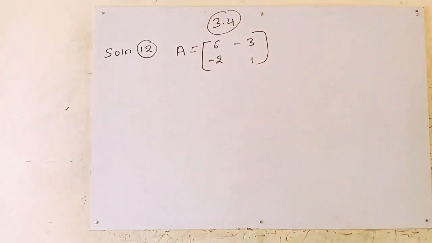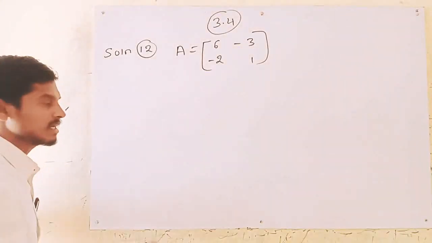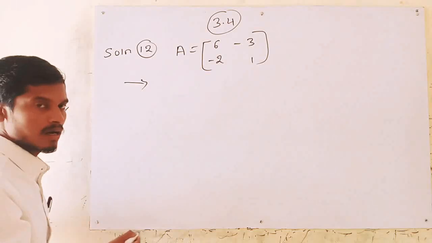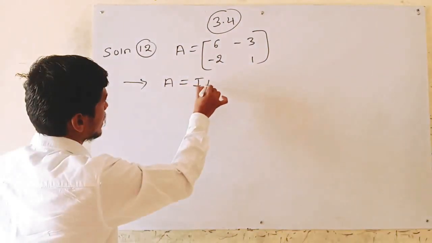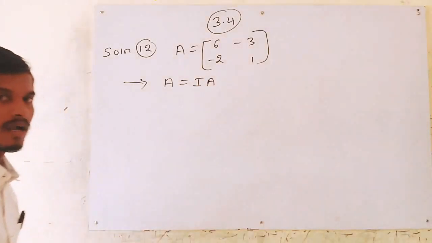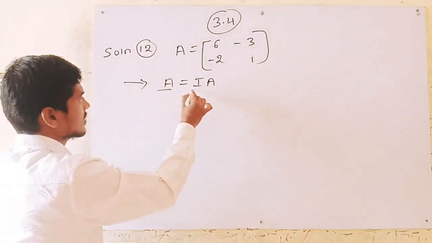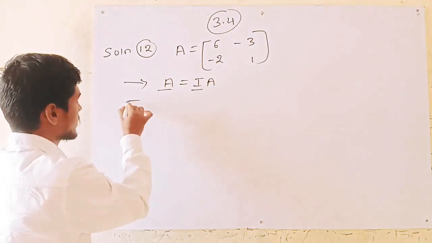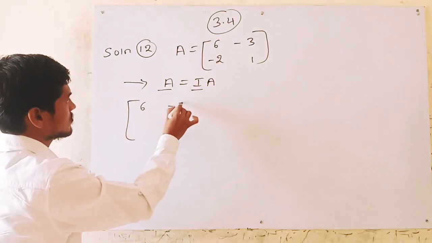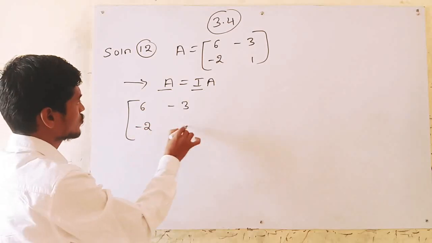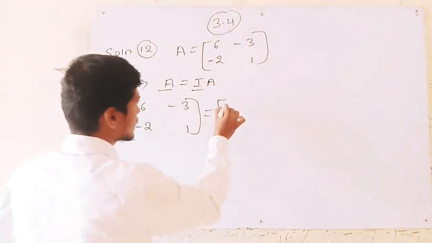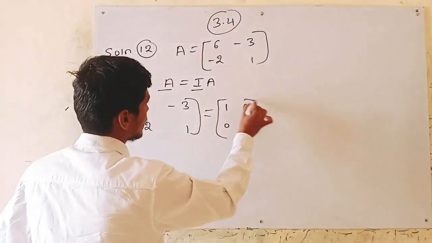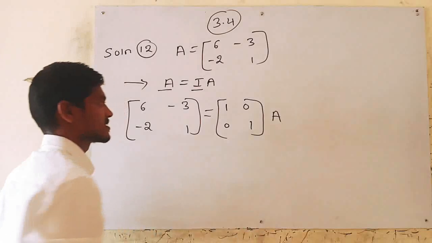I will go for elementary row operations, that is A equals IA. Alterations are only on this side, and A on the right remains the same. So the A matrix is [6 -3; -2 1] equals I, which is [1 0; 0 1], times A.